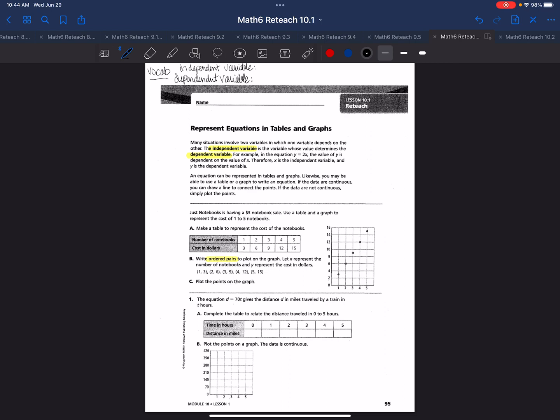So the independent variable is indicated in math by x on the table or the graph or in your equation. The independent variable is also called the input. And then the dependent variable is called the output.